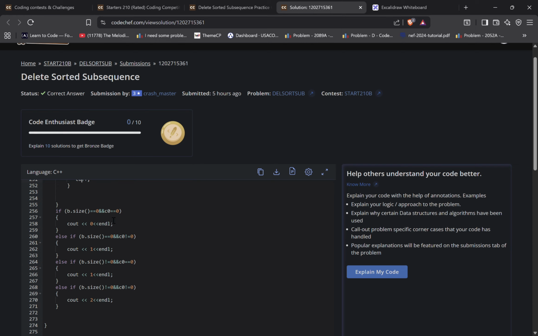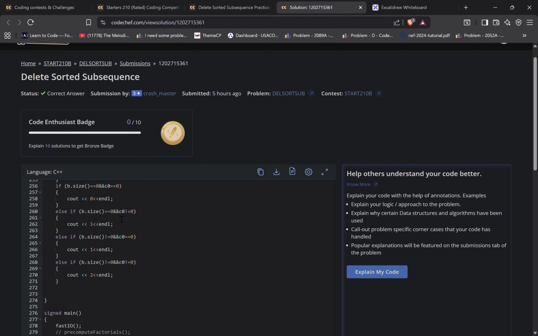And since C of 0, the counter variable, number of zeros, is also 0, that means there are no zeros remaining. Sorry, there can be ones remaining, but there are no zeros remaining. And from b dot size, we have established that there are no ones remaining at the end.